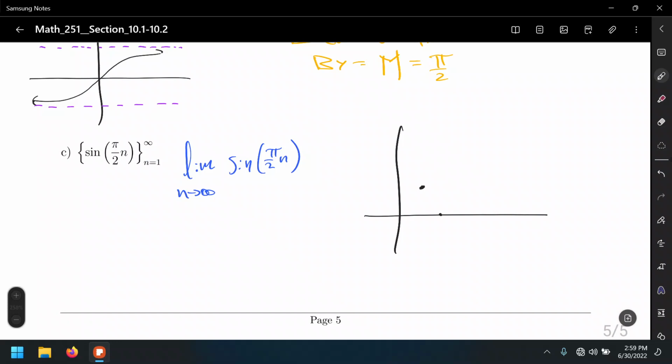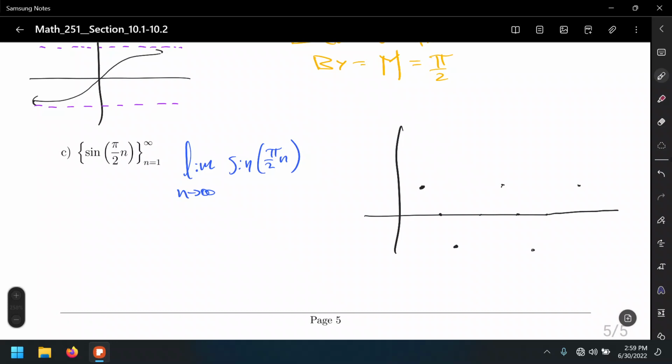The next one, n equals 3, that means sine of 3 pi over 2, which is? The next one, sine of 4 pi over 2, which is sine of 2 pi. What is this doing? It's not really alternating. This is really oscillating between -1 and 1.